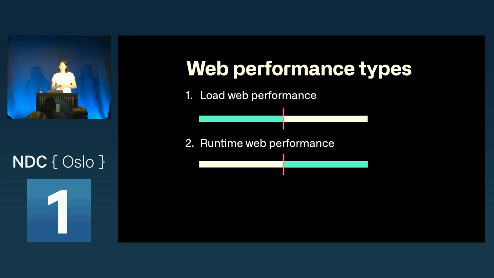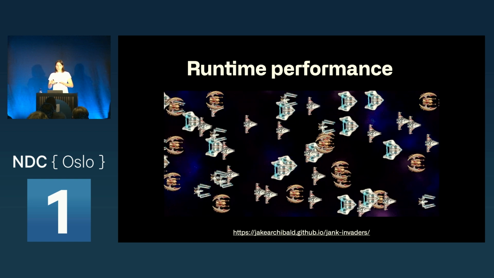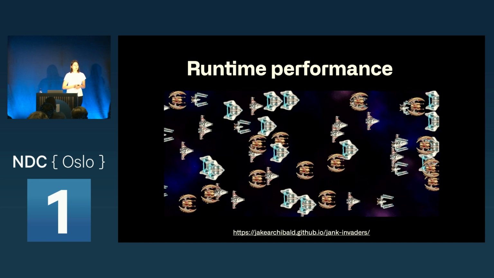Then the second type of web performance is runtime web performance, and this is mostly what happens after the page is loaded when the user is trying to, in some way, interact with the page. So like if the response from the page is delayed, or if the animation is feeling sluggish, like here, this is all the part of the runtime performance.